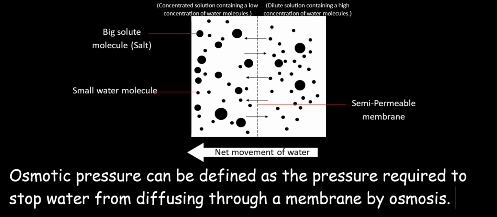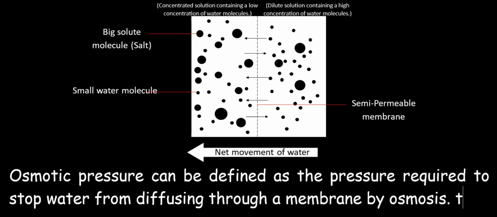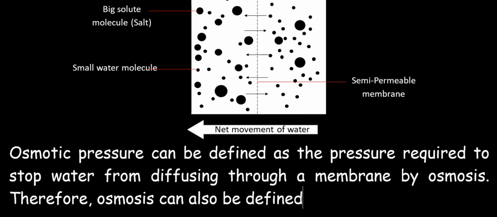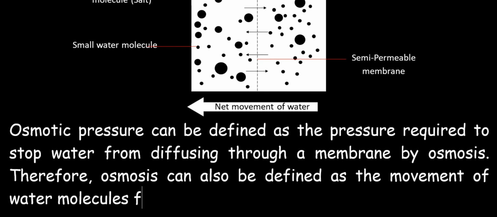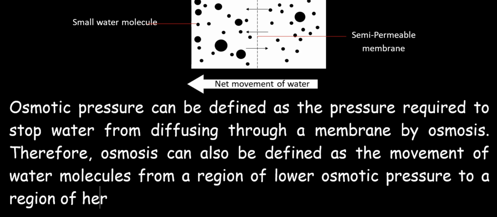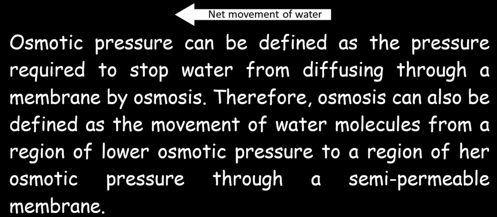Now, this will bring us to another definition of osmosis. Osmosis, by virtue of the osmotic pressure, can therefore be defined as the movement of water molecules from a region of lower osmotic pressure to a region of higher osmotic pressure through a semi-permeable membrane.